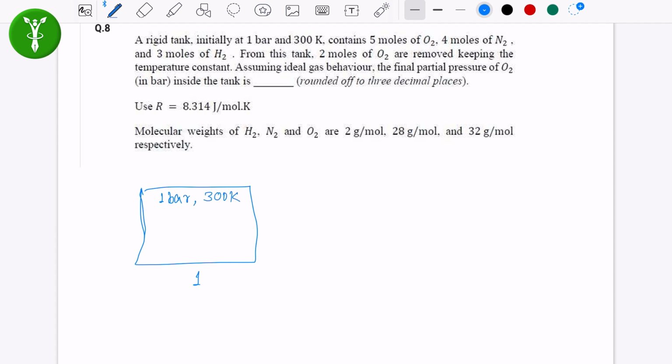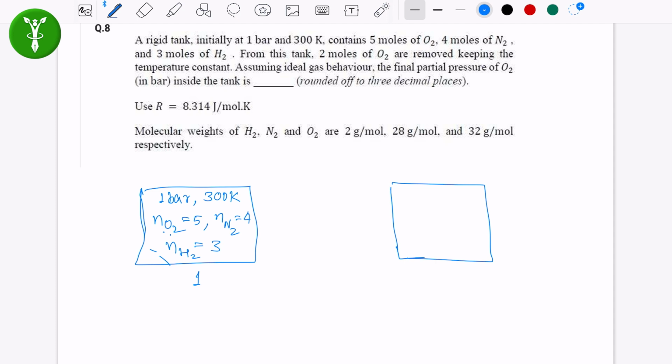The number of moles of O2 is 5, number of moles of N2 is 4, and number of moles of S2 is 3 moles. Now it states that only 2 moles of oxygen are removed.